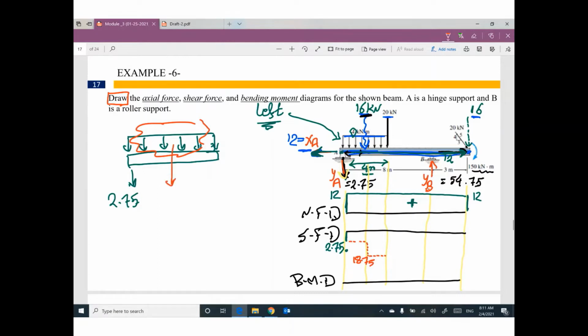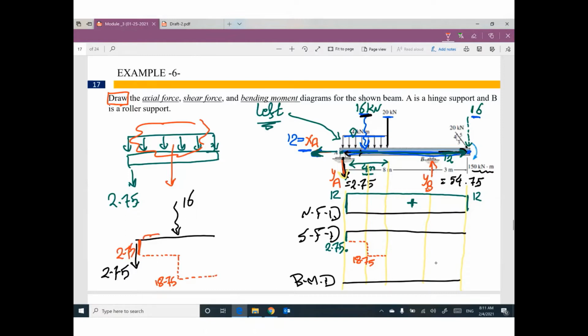This distributed load looks like this. We have here reaction 2.75, and we have equivalent load here 16. What I did, I went down 2.75, keep walking constant until 16, so I will go down 16 until 18.75, then keep walking.